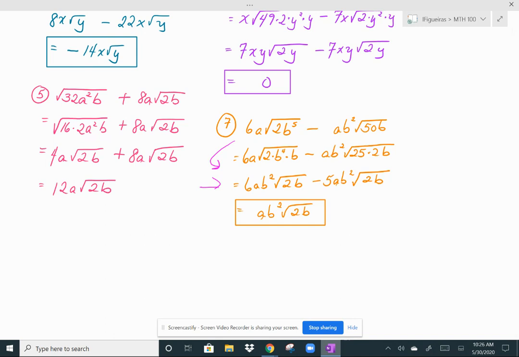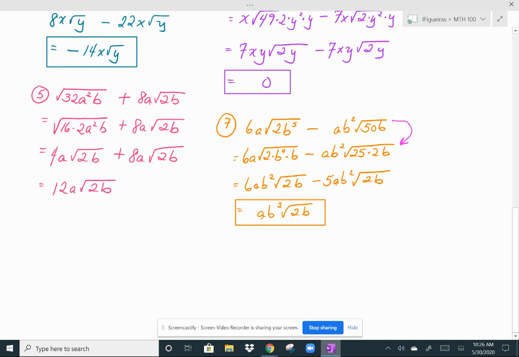That gets multiplied by the 6a, so you get 6ab squared, and the 2 and the b stay inside. Those are not perfect squares. So remember, the only part that comes out of the radical is the perfect square, and anything that isn't a perfect square stays inside.